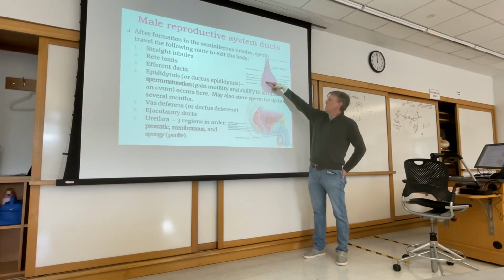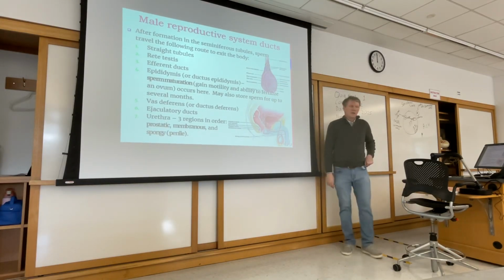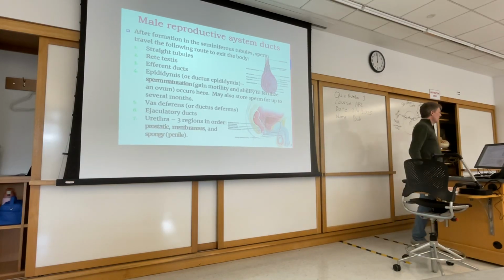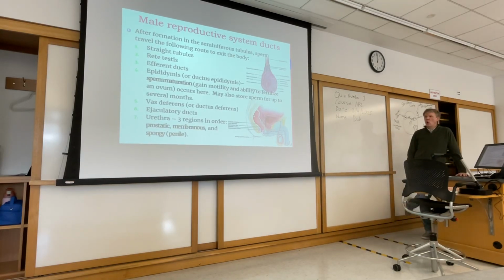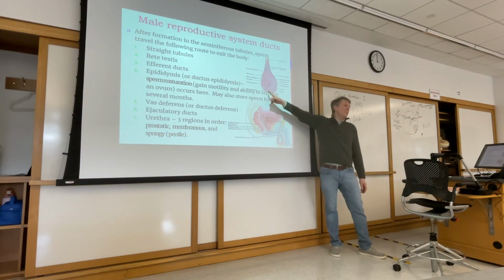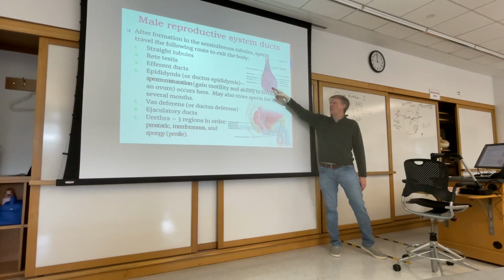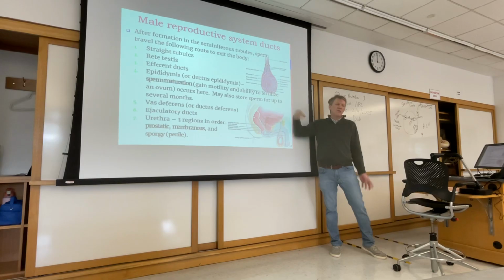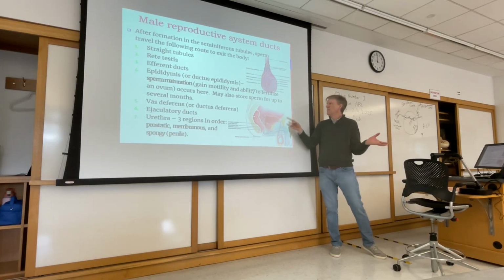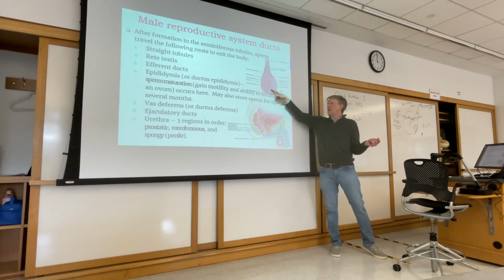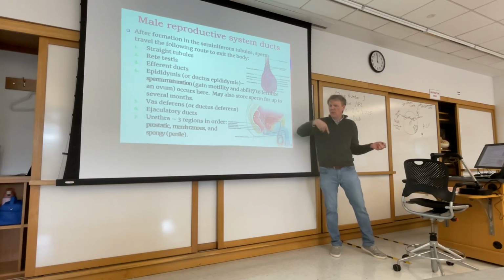Now, the epididymis is important for a couple of things. Number one, it's the place where sperm learn how to swim, okay? Structurally, sperm are normal after they leave the seminiferous tubules. They look like your regular old sperm, but if you ask them, can you swim a few laps for me?